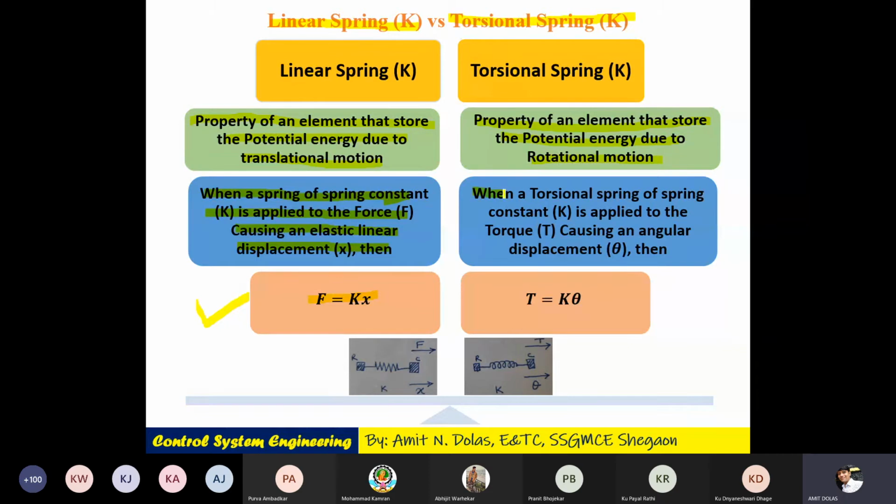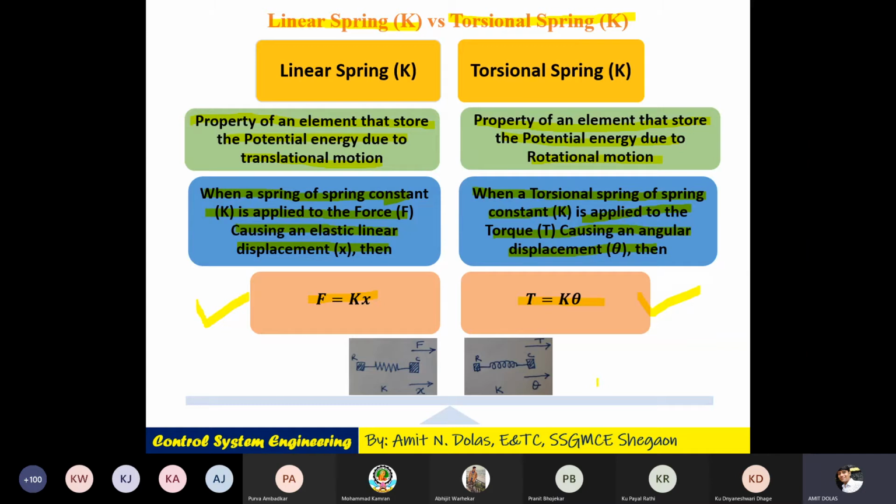And similarly, when a torsional spring of spring constant K is applied to the torque T, causing an angular displacement theta, then the relationship between torque and theta in respect to the torsional spring is T is equal to K into theta. So we have seen certain relationships: force and mass, that is force is equal to m into x double dot.